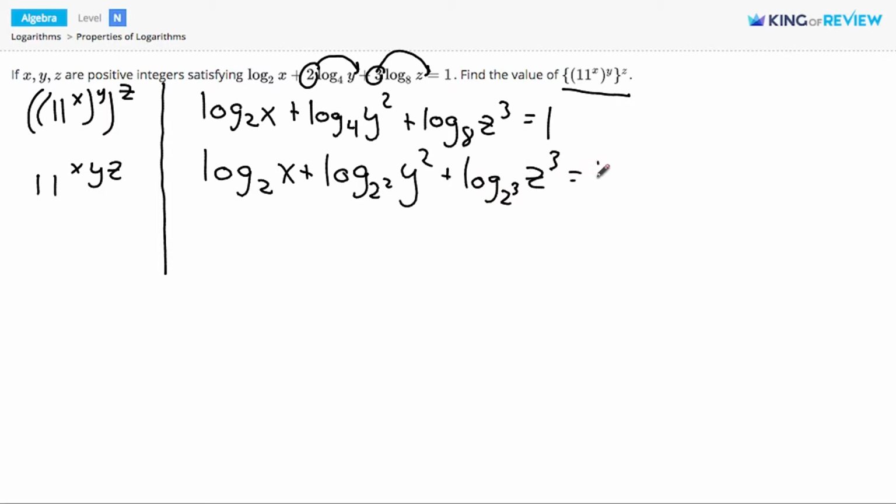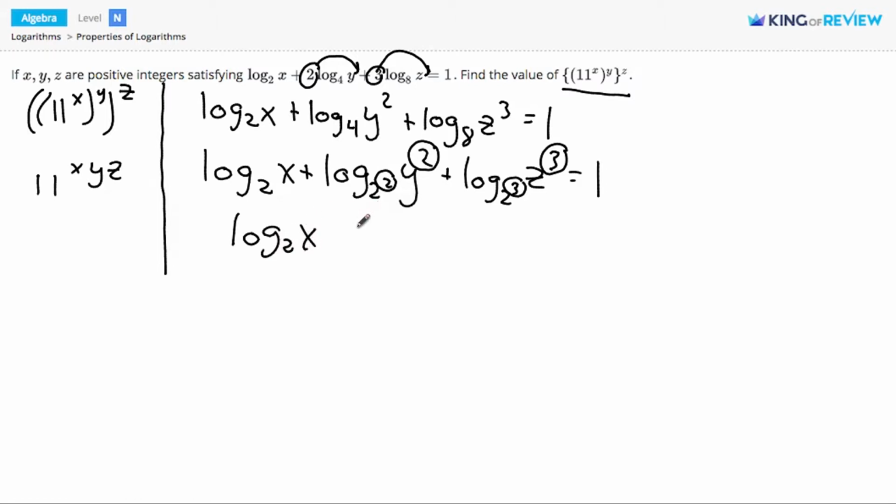And this is very nice, because since in the second log we have 2 squared as the base, and y squared as the exponent inside the log, those exponents can essentially cancel each other out. The same thing happens for the third power in the base and the third power on z in the third log. So I can rewrite these second and third logs.